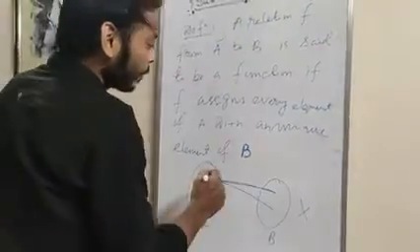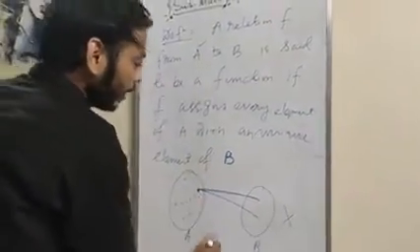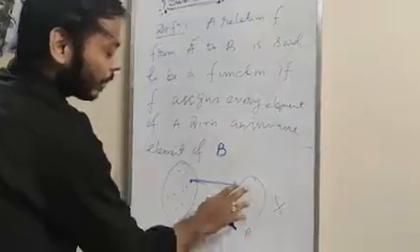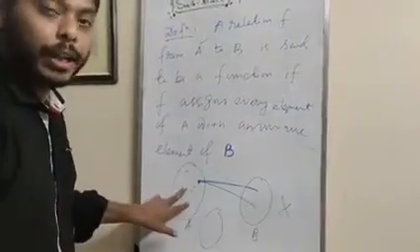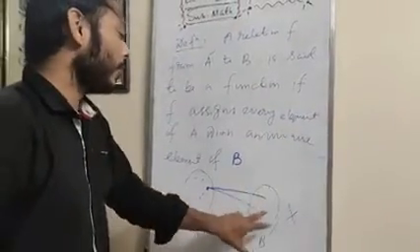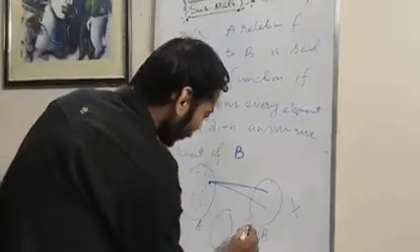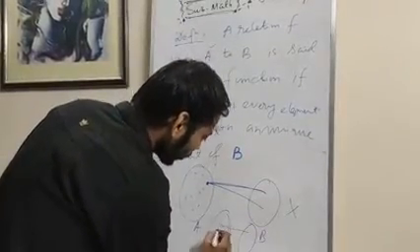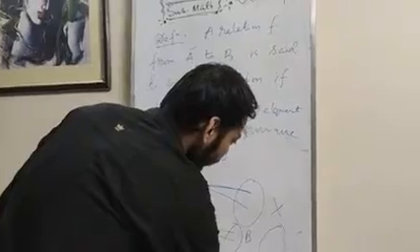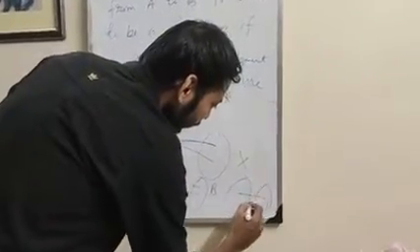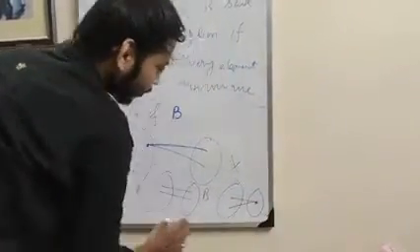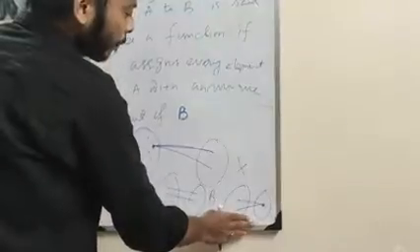So every element of A is assigned a unique element of B, either in this way or in this way. This is one-to-one mapping and this is many-to-one mapping.